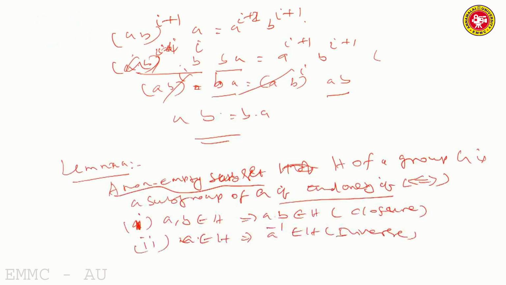As I already told, a group consists of four properties: closure, associative, identity and inverse. First let us take these two properties as valid. The rest of the two properties are associative and identity. Inverse here implies that identity also exists; identity and inverse are mutually related. So we move into the proof.